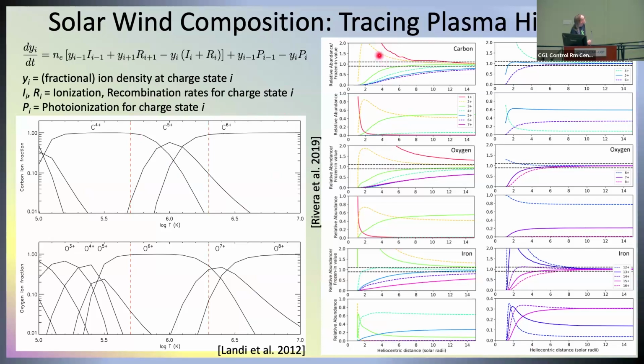You can watch those things change with distance because these things that determine how much there are, the ionization and recombination rates, photoionization rates, all of that depends on density and temperature. And the density and temperature, when you're very near the sun, is large, and so those rates are large.